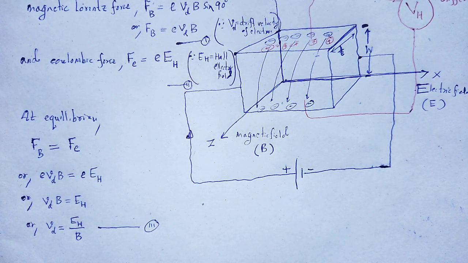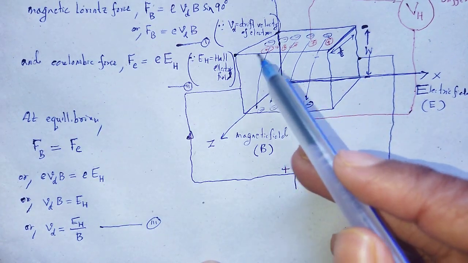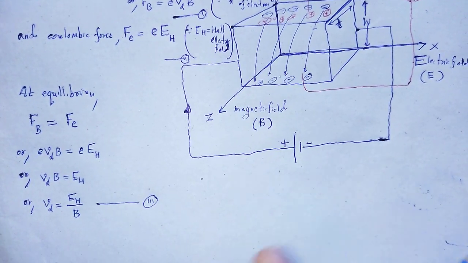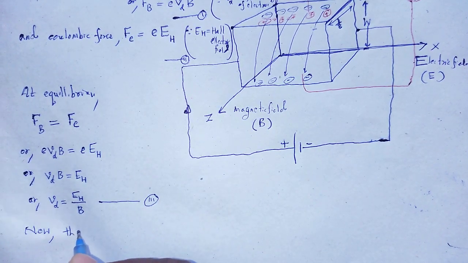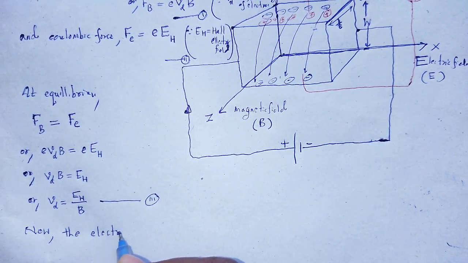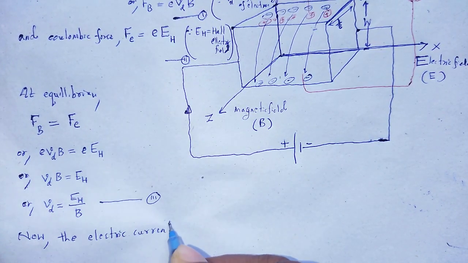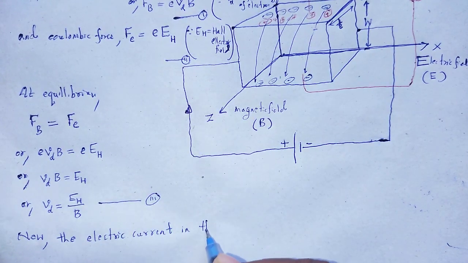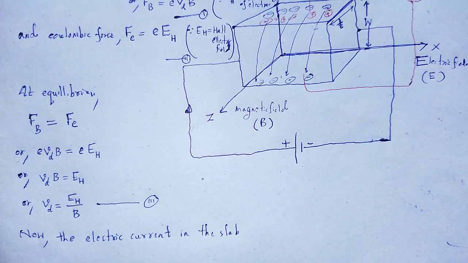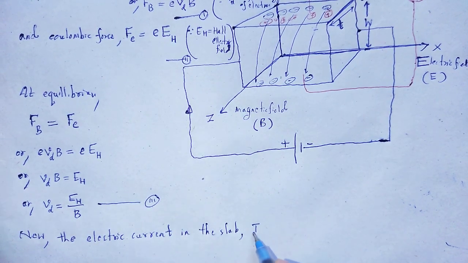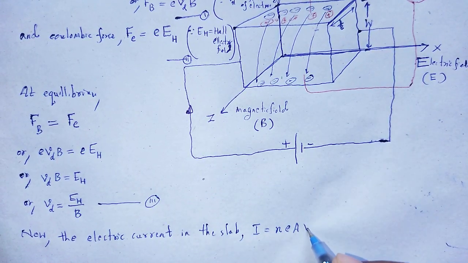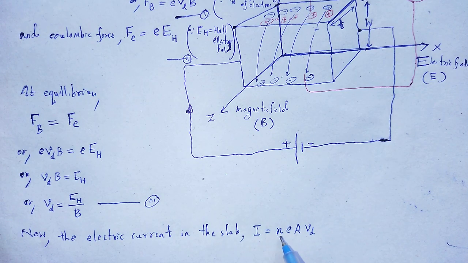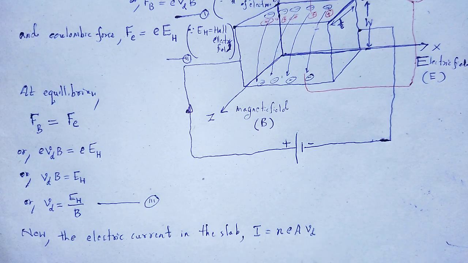But we know the electric current in the slab: I is equal to N e A Vd, where N is the total number of charge carriers, e the electronic charge, A the area of the slab, and Vd the drift velocity.